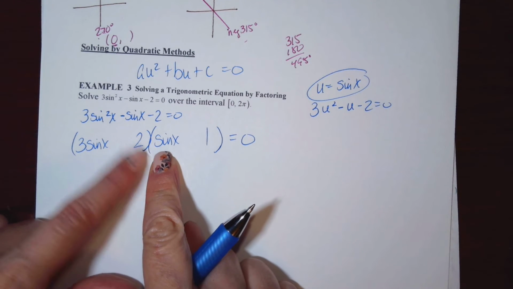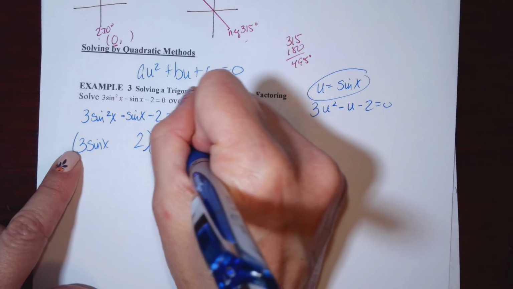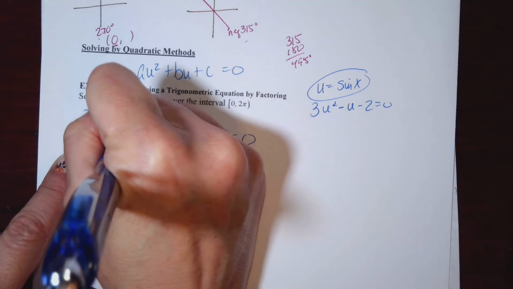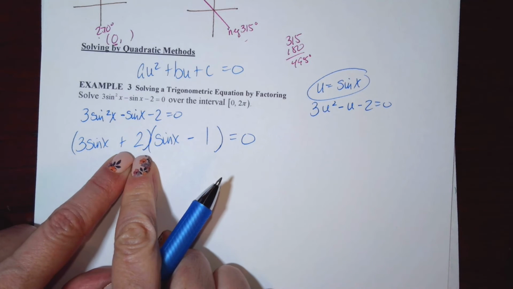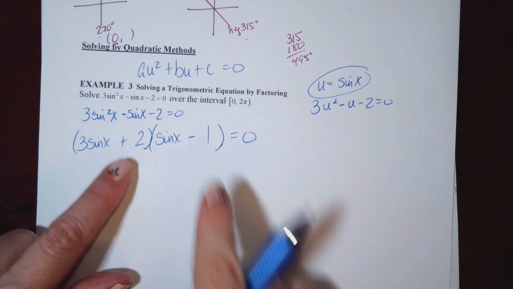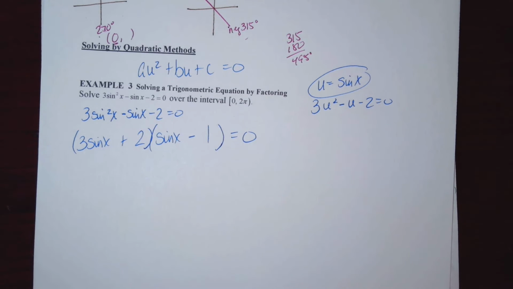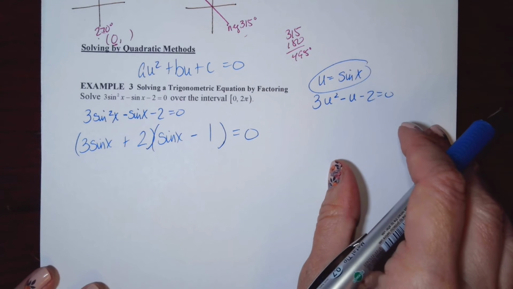So that's good. I need to end up with a negative. So I want my 3 sine x to be a negative 3 sine x and my 2 sine x to be a positive 2 sine x. Negative 3 plus 2 is a negative 1. And then 2 times negative 1 is that negative 2. That's just a little review in reverse FOIL. Again, if you struggle with that, that is definitely something you're going to want to go back and practice.